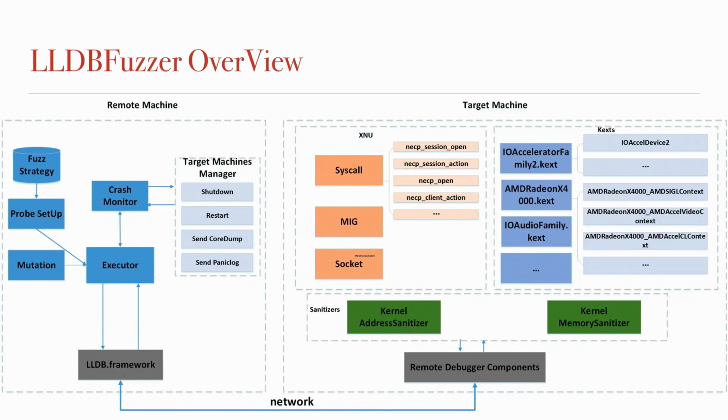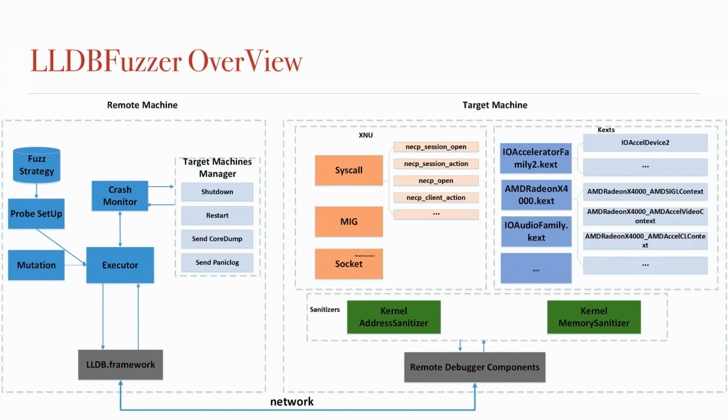Okay, this figure shows the architecture of the lldb fuzz solution. The fuzz solution contains two kinds of parts. The left part is the remote machine or the host machine. And the other part is the target machine, which runs our debug fuzzer.